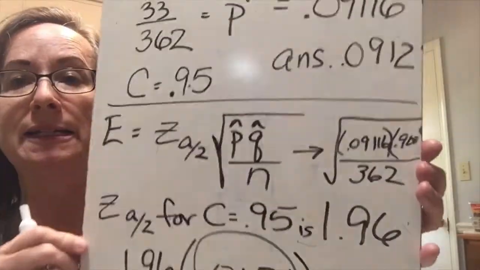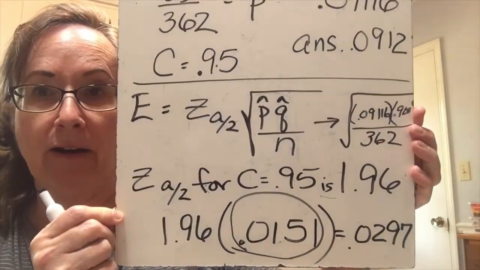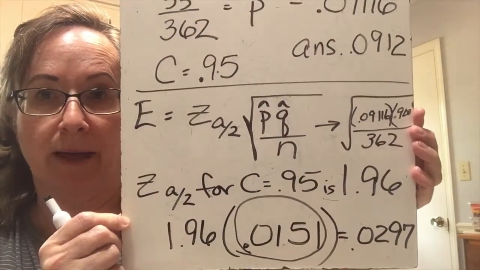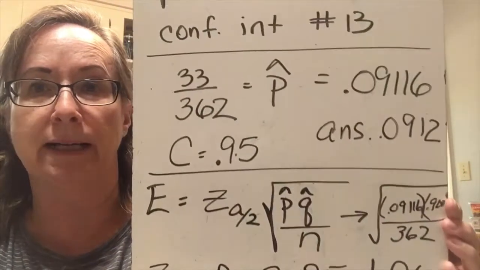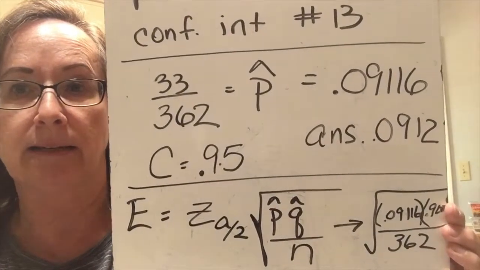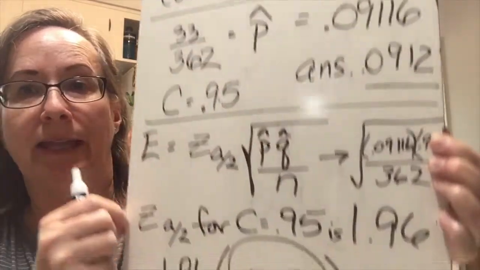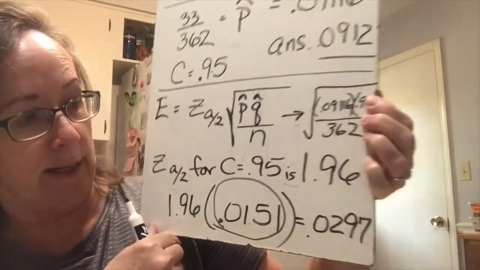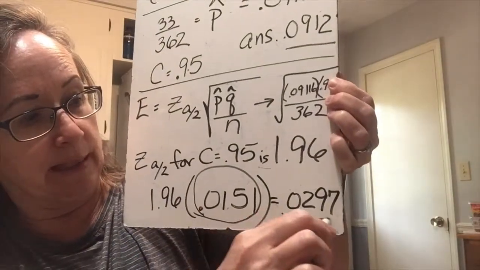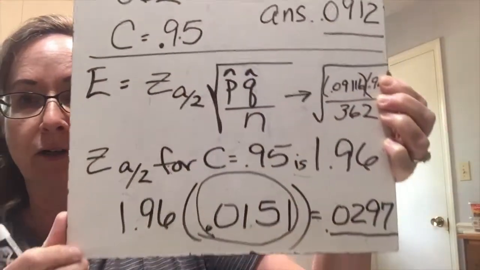That is the margin of error that goes with that problem. Here was the p hat, and the margin of error winds up being 0.0297, and those are correct.